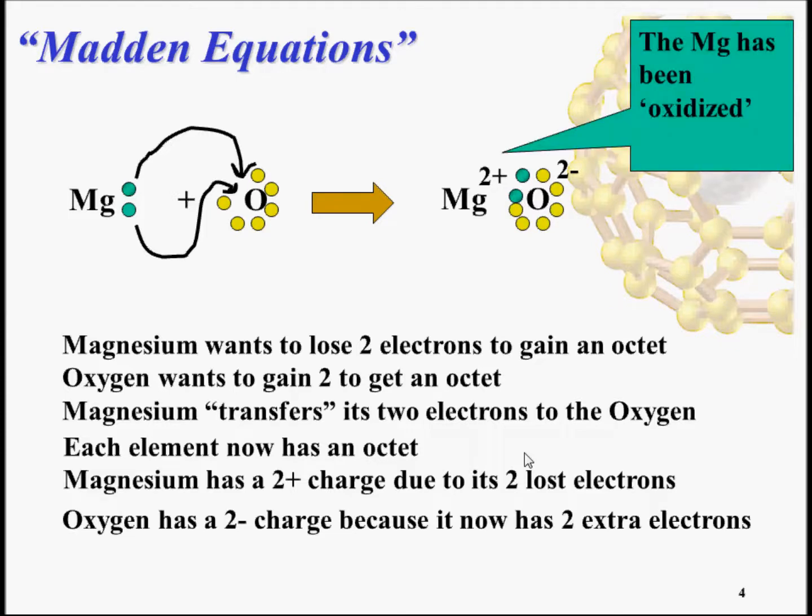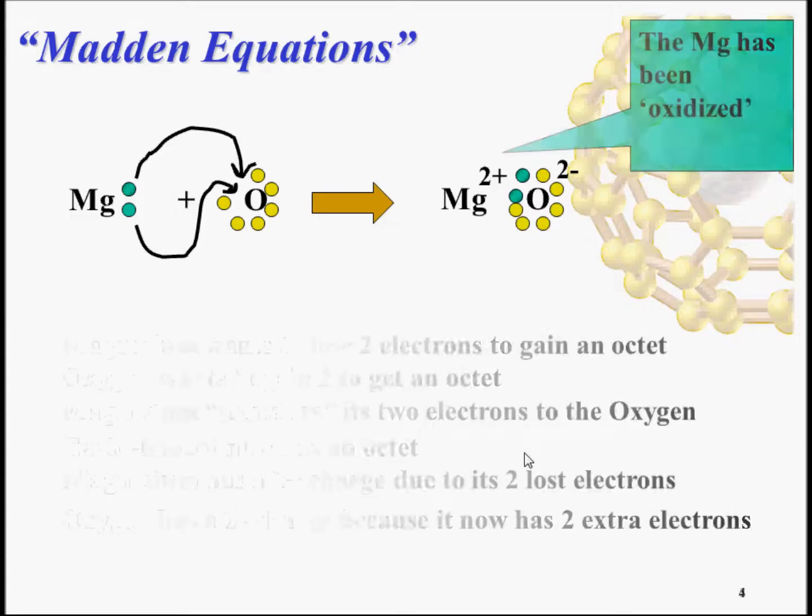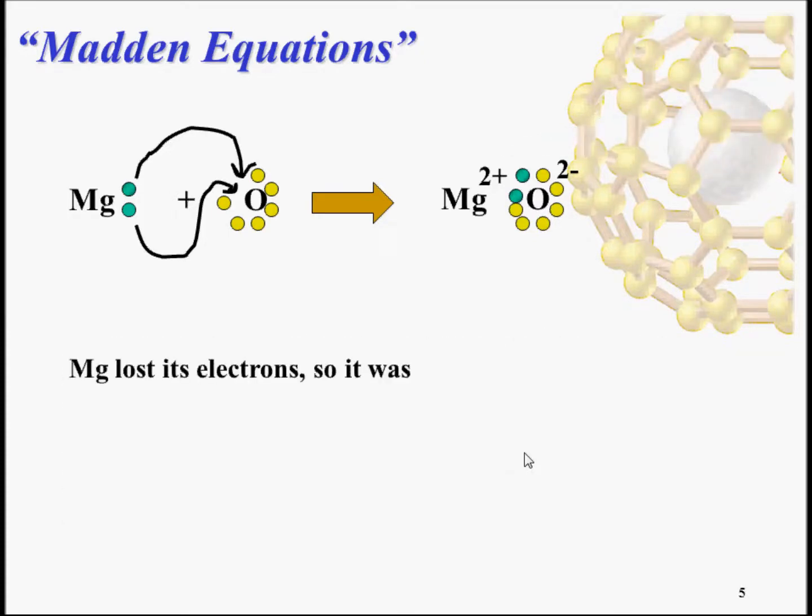In this case, magnesium has been oxidized. Remember, magnesium lost its electrons, so oxidation is loss, oil rig. So we say the magnesium was oxidized, or in the passive term, we say the magnesium has undergone oxidation.